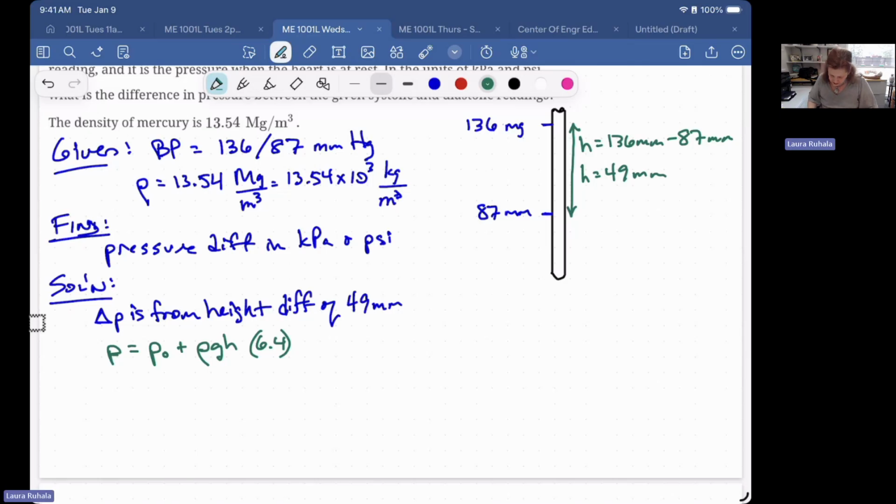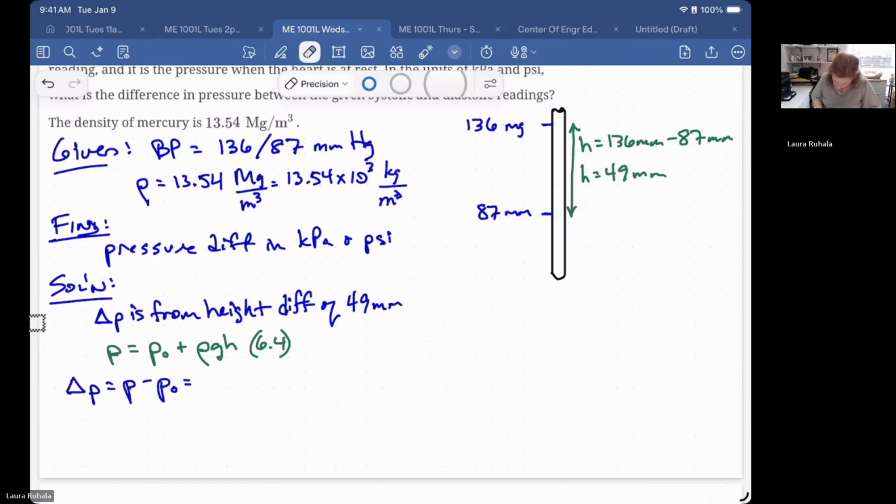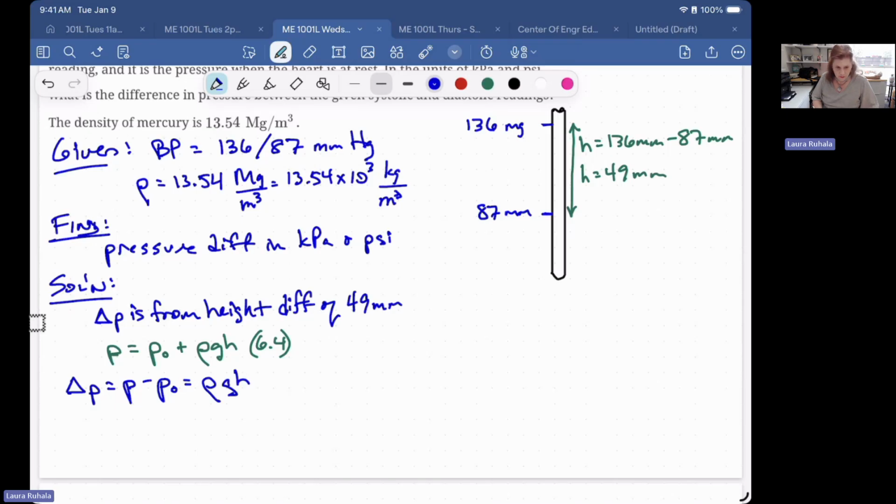Okay, so this is exactly what I'm going to use. So delta P, we're going to do the same thing that we did last time in the last problem. Delta P is going to be the pressure minus P naught, and that is equal to rho g h.